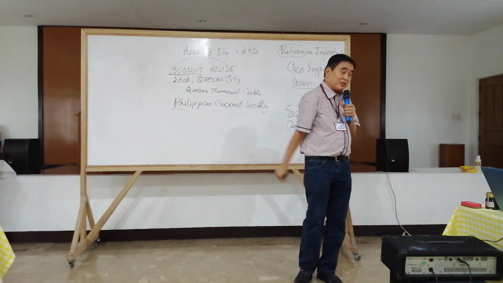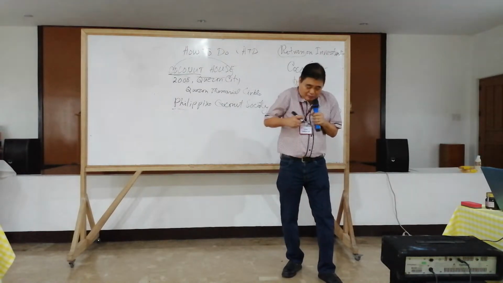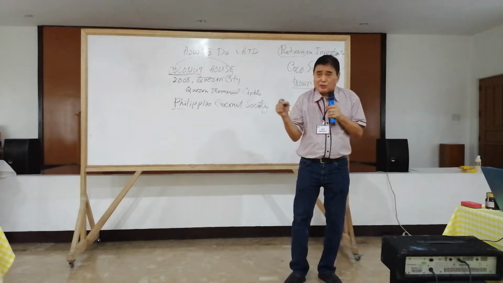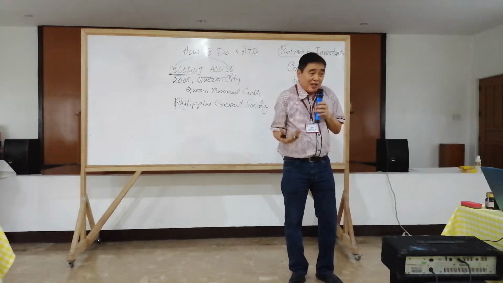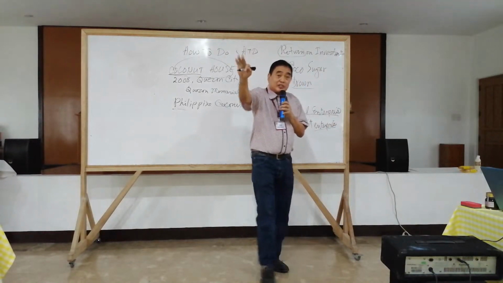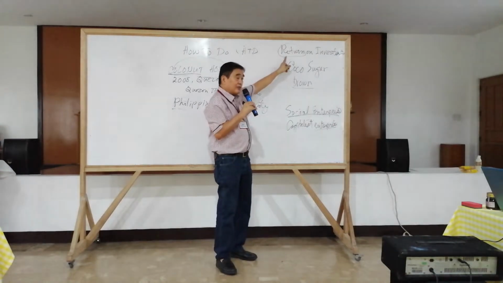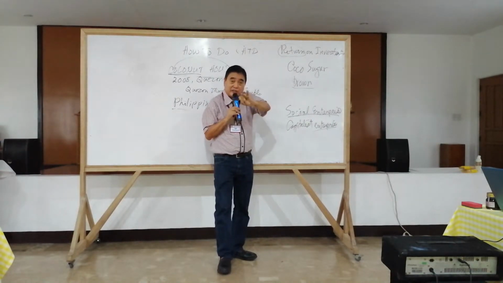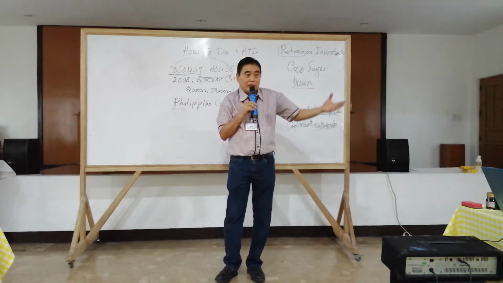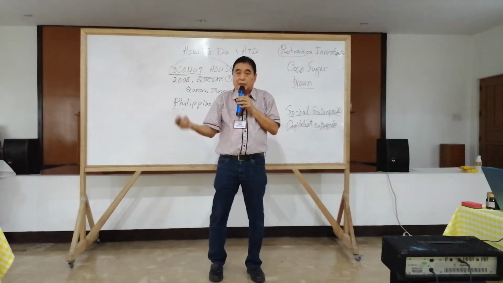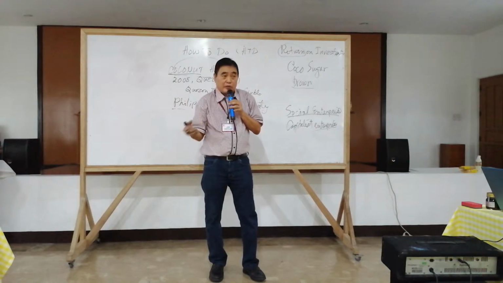Meaning when you do business, do not be so serious. No? You'll get sick, you'll get ill. You do it for fun. So there are three returns. Profit, in terms of money, pecuniary. Second, social value. How will it improve the lives of our countrymen?